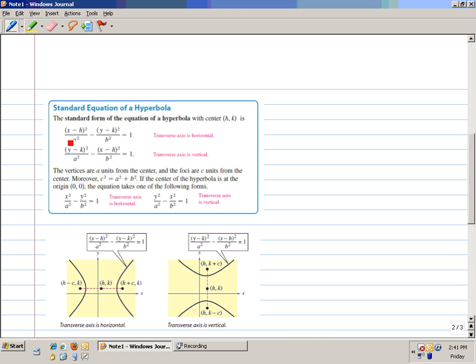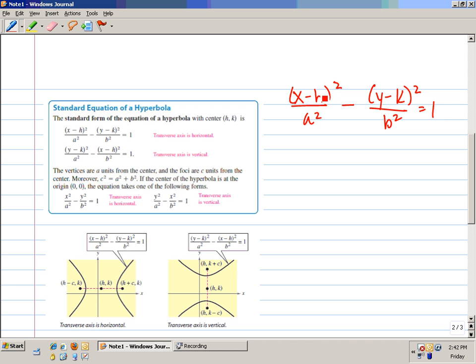So as you notice in the box, we're told that this is the equation if the transverse axis is horizontal, and here's the equation if it's vertical. So what we're really looking at is not the a and b anymore, but what we're looking at is which is positive and which is negative.